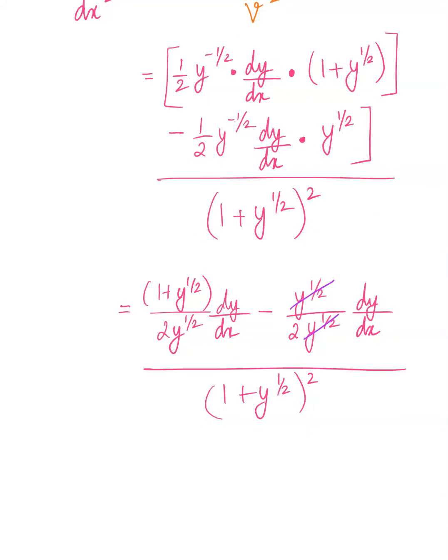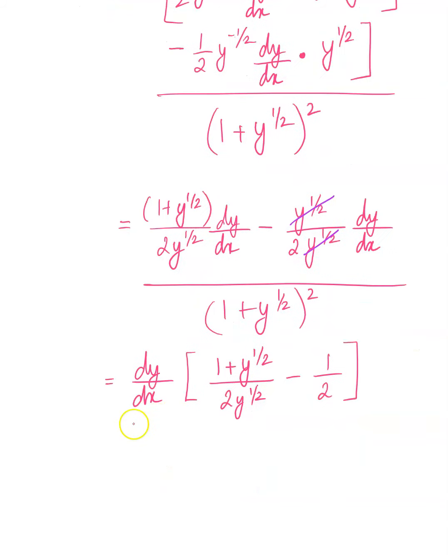And then we have dy over dx, that's common here, pull that out. Even 2 is common, but let's just pull out the dy over dx. 1 plus y power half over 2y power half minus a half. Isn't it? That's all over 1 plus y power half, the whole squared.